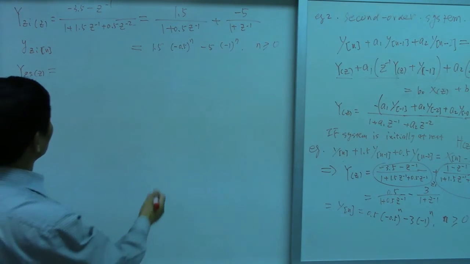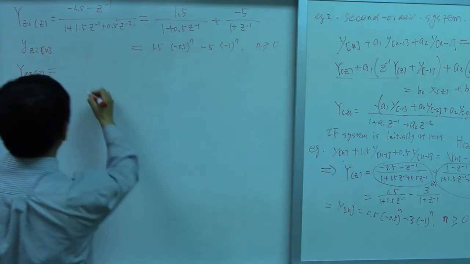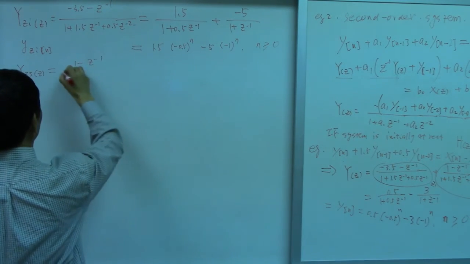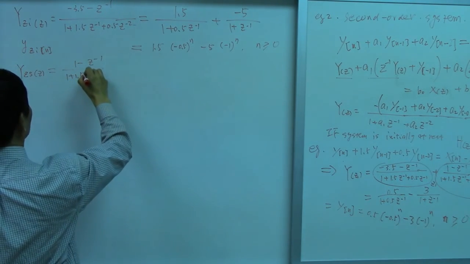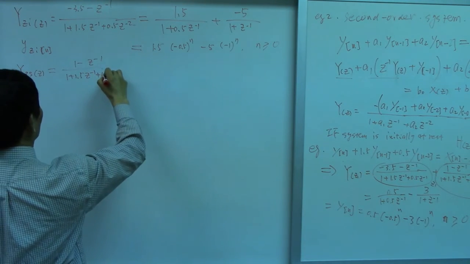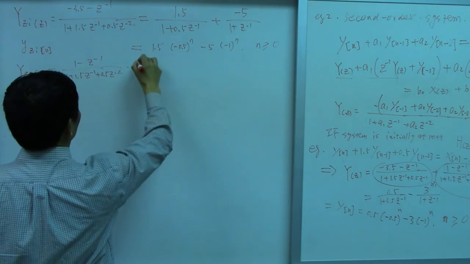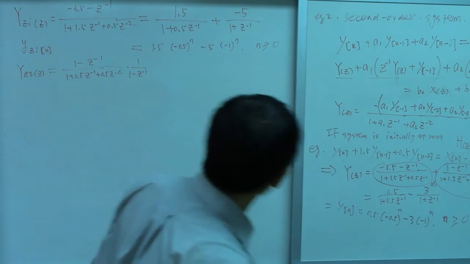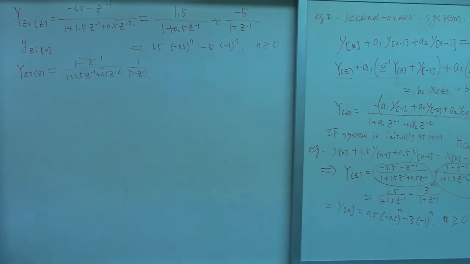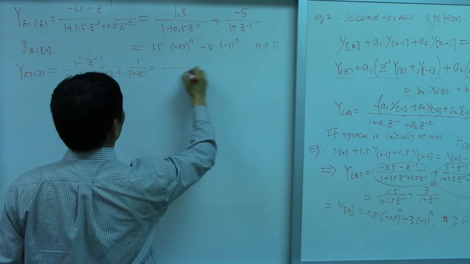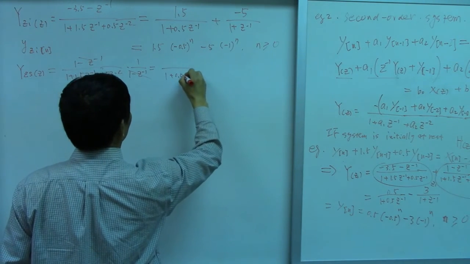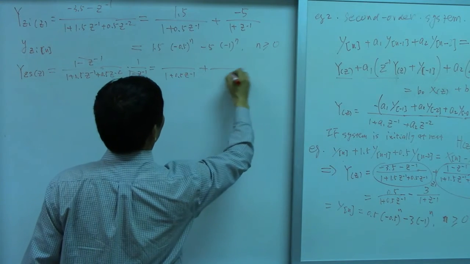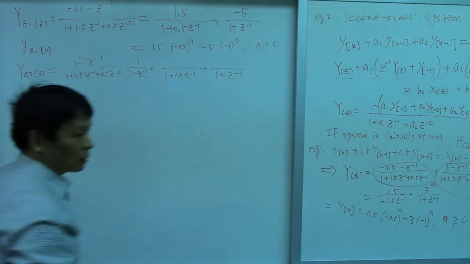And we break this one. So let me copy this first. This is 1 plus 1.5 z to the negative 1 plus 0.5 z to the negative 2, then times the input, this. Alright, so it looks like we can cancel this term and this term. So this one will be equal to a term over 1 plus 0.5 z to the negative 1 plus a term over 1 plus z to the negative 1 here.